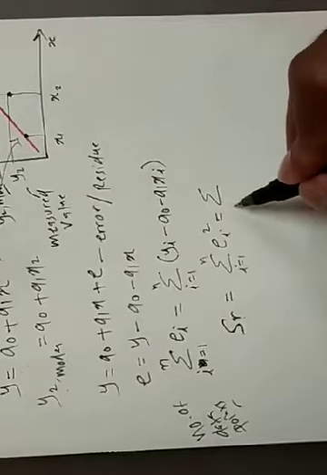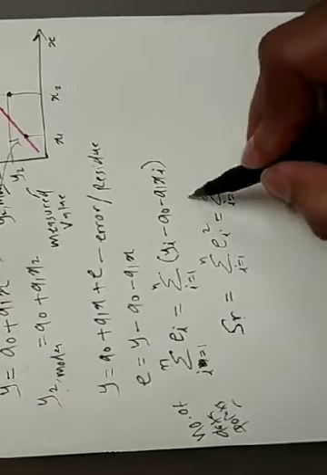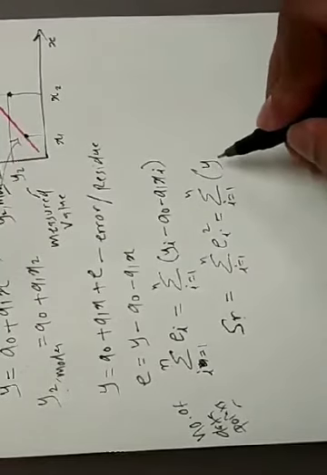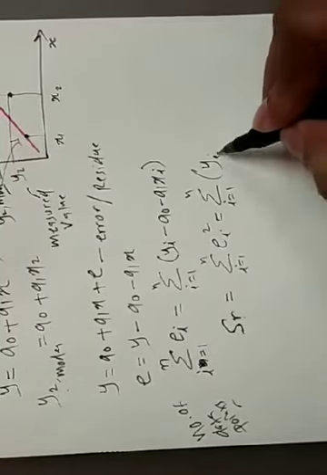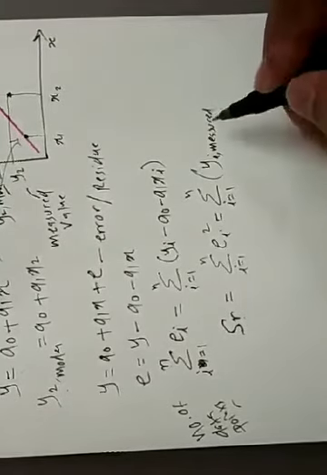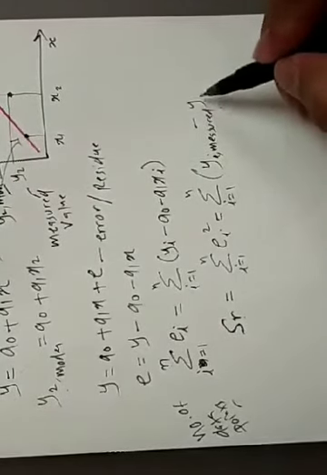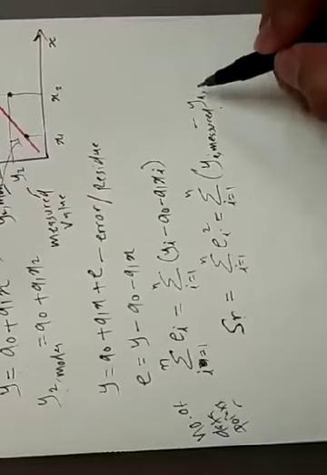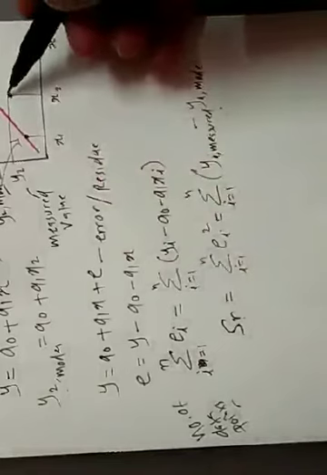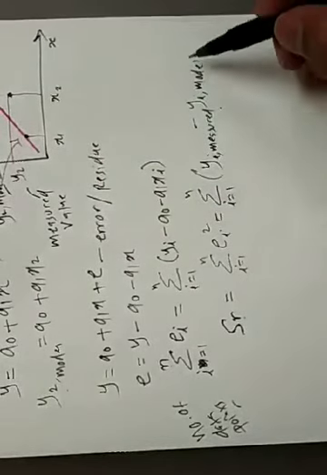the summation of i equal to 1 to n of (yi measured minus yi model) whole square, which we had discussed, this measured value and model value.